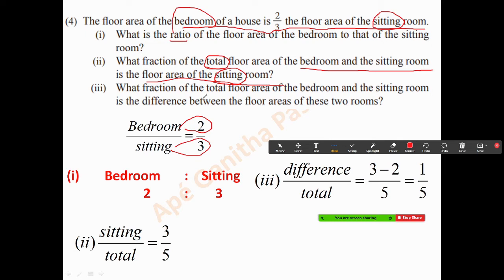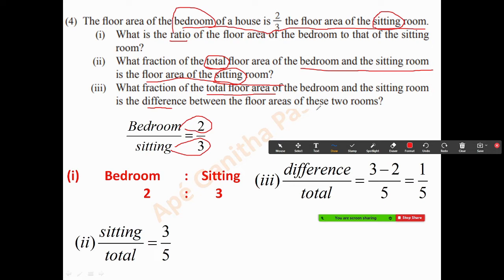What fraction of the total floor area of the bedroom and sitting room is the difference between the floor areas of these two rooms? Total is 2 plus 3, 5. How to get the difference?